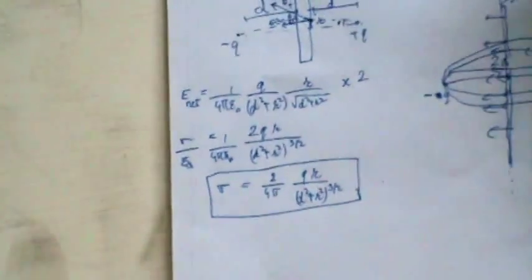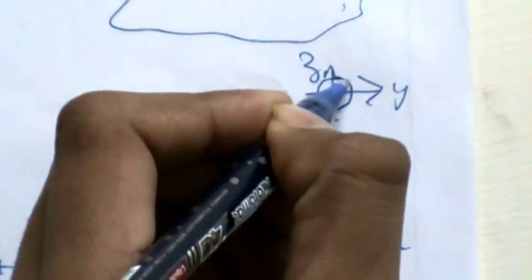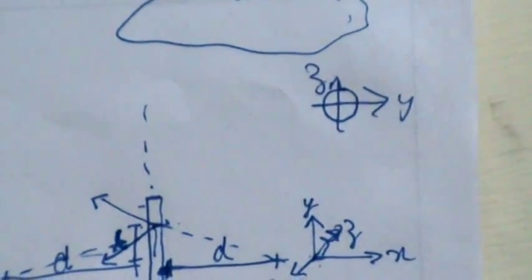Note that this conducting plane is in the yz plane. Note that because of symmetry, as you move in the yz plane radially, along any circle the charge distribution will be the same by symmetry.